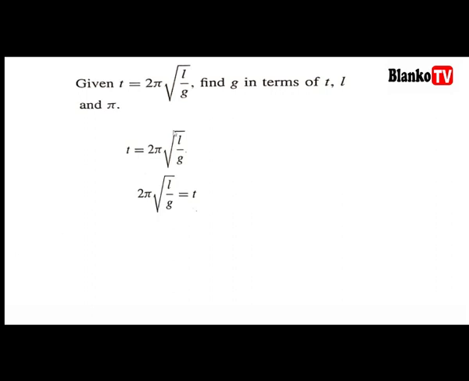So we divide through by 2 pi. That is the left hand side by 2 pi, and then the right hand side also by 2 pi. So we have 2 pi square root L over G divided by 2 pi equals T over 2 pi.